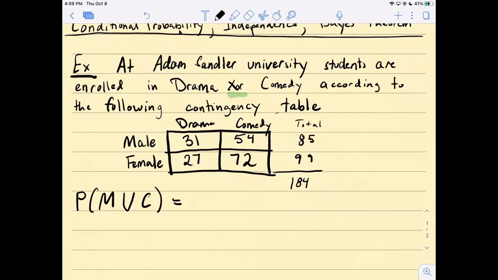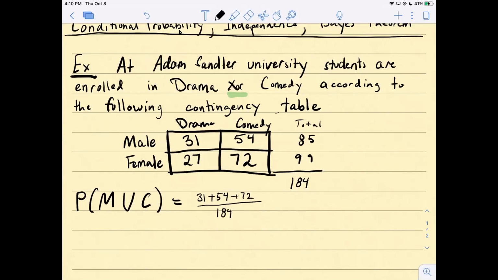Excellent. Okay, so one student wrote 54 over 184, which is not bad, but that's male and comedy. So those are the males who are majoring in comedy. But for this question, I'll highlight, we want this region. So this is the male students or the comedy students. And so you can do 31 plus 54 plus 72 all over 184.